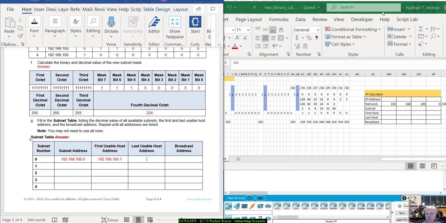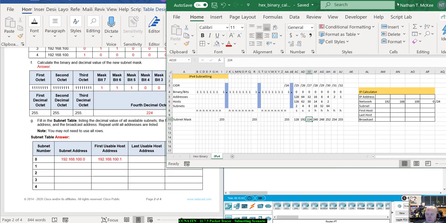Now we can do our calculations over here. It's a 224, which is a /27, so 255.255.255.224.